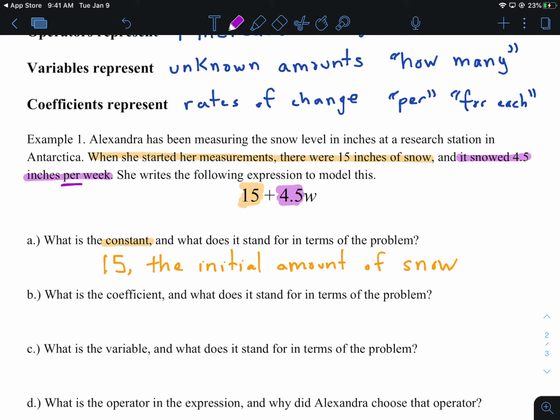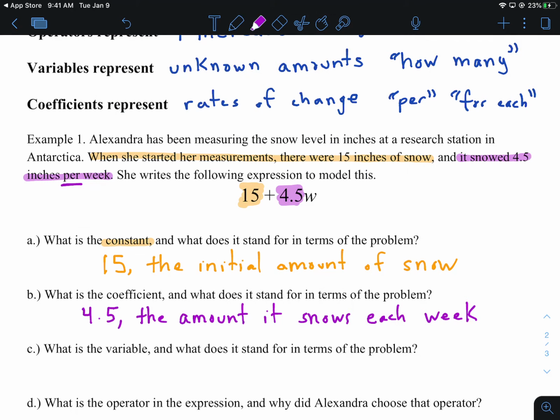That per is one of the words that tips me off that I have a rate here, which makes it the coefficient. So the coefficient is 4.5, and it stands for the amount it snows each week.